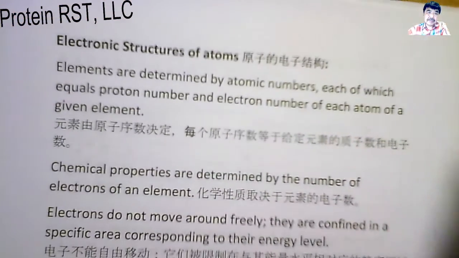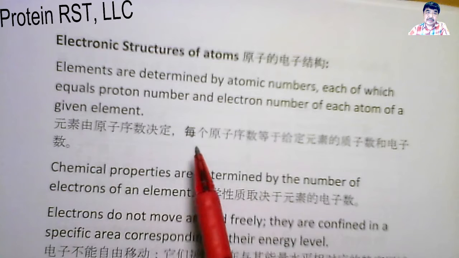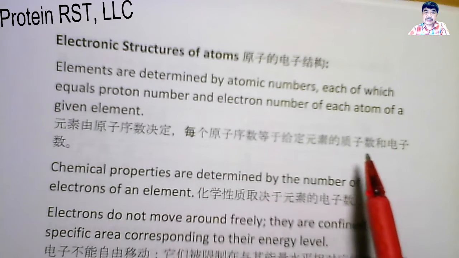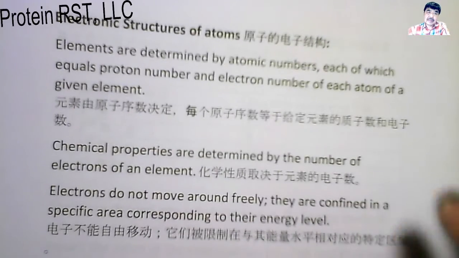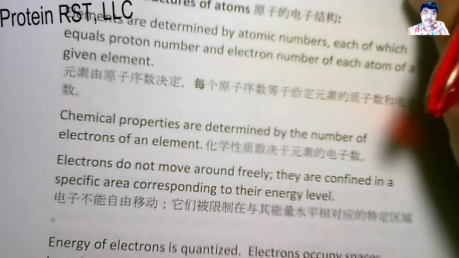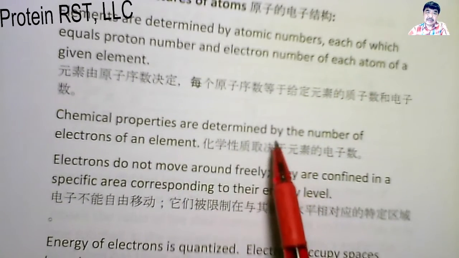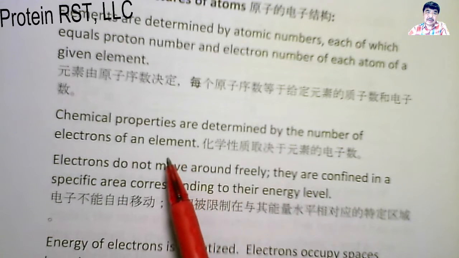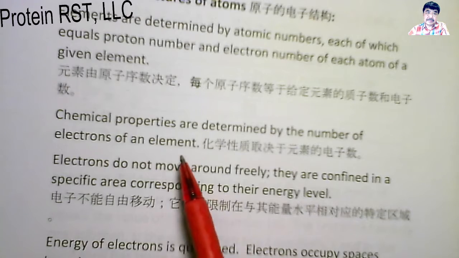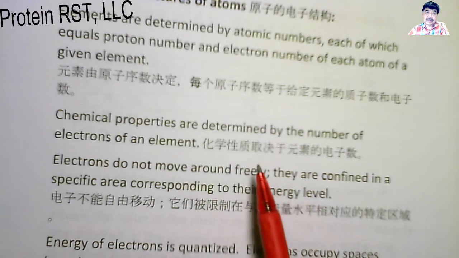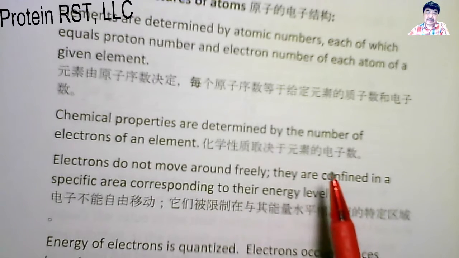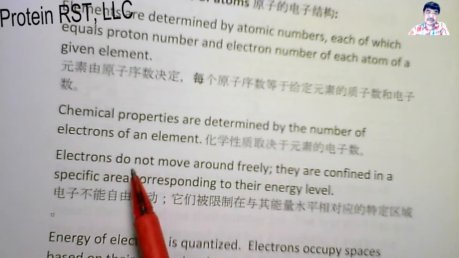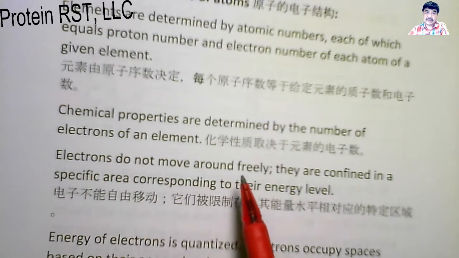Chemical properties are determined by the number of electrons of an element. Electrons do not move around freely.